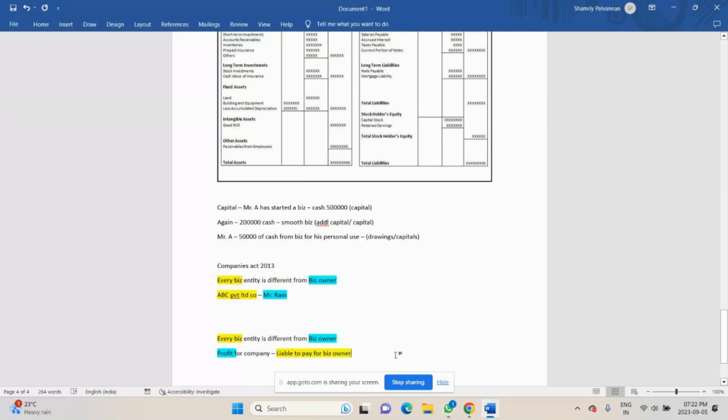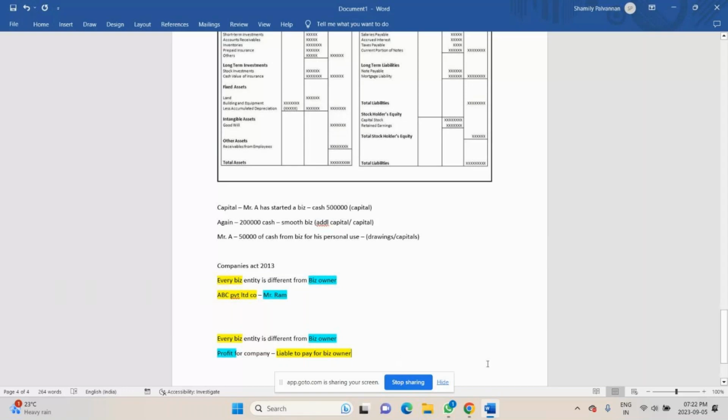Is it clear to everyone, the accounting concepts? I'm not going very deep, just the basic concept: what is a transaction, what you are going to debit, what you are going to credit. Finally, at the end of the year, the motive of a business is to find whether you have earned a profit or not. To find the profit or loss, three reports have to be created.